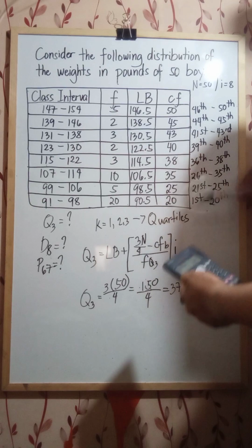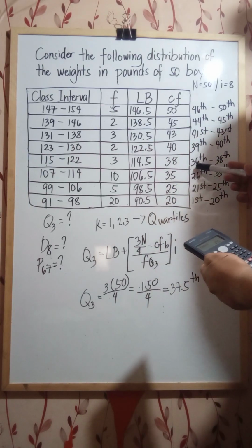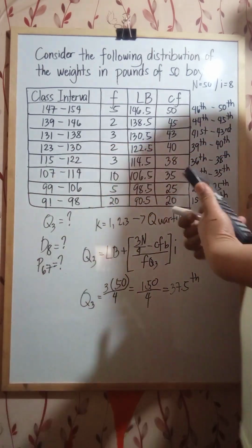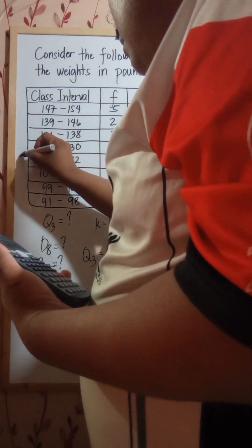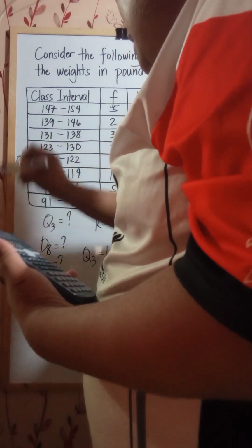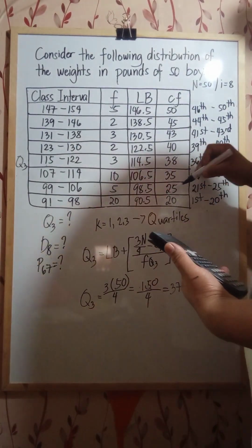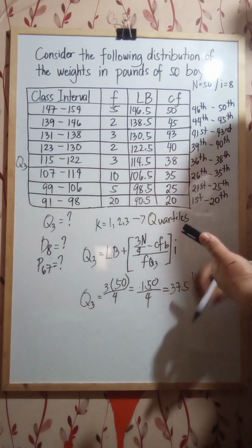We base it on the cumulative frequency. So here, the class interval 115 to 122 is your Q sub 3 class. Look at this one, 36 to 38, so 37.5 is in between.